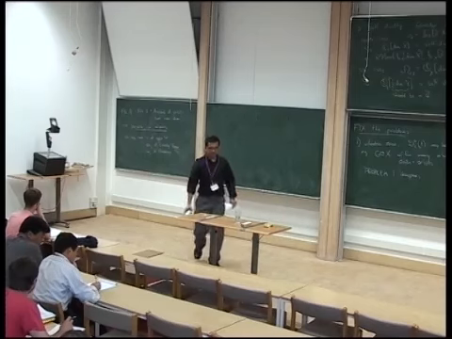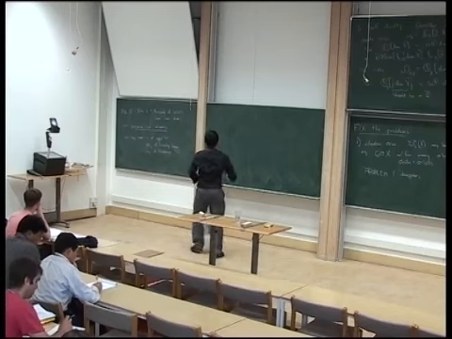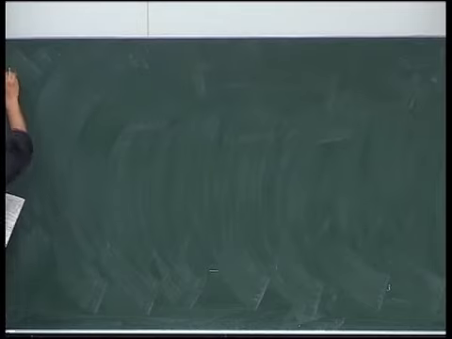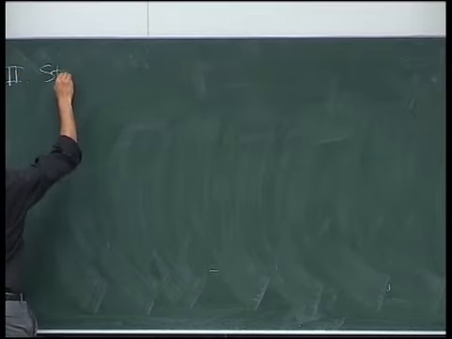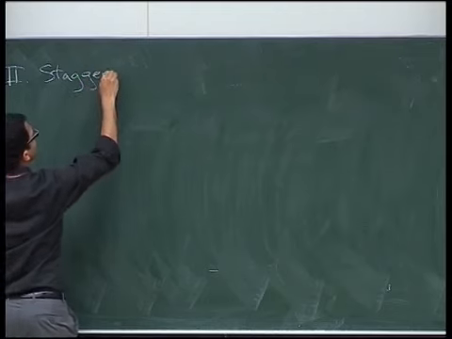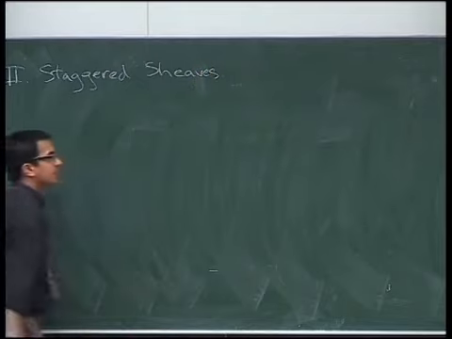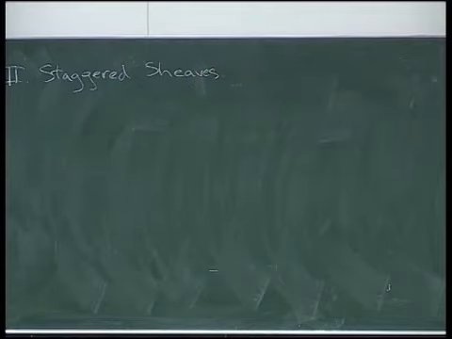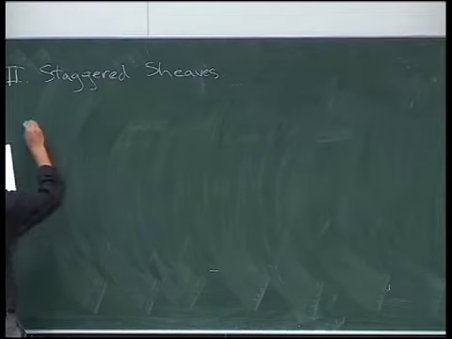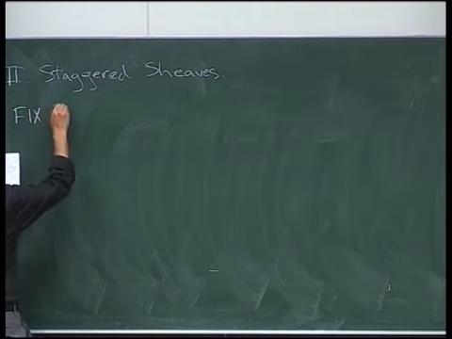Okay, so I haven't mentioned the word staggered sheaves yet. So let me do that now. The original motivation for staggered sheaves was to provide some sort of genuine fix for the third problem, and just to see what came out of it.